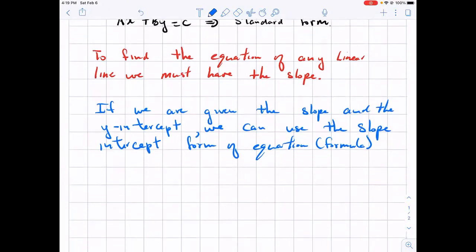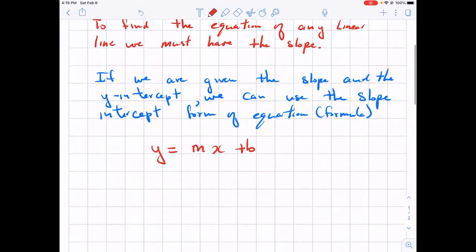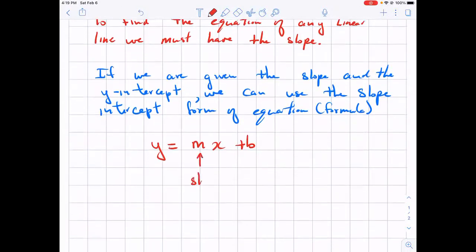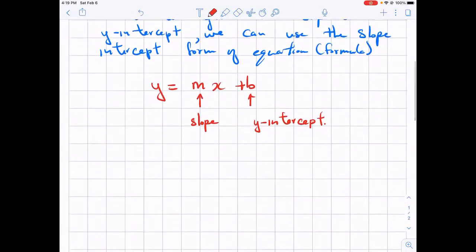We have seen that when we have y equals mx plus b, the m is what we call the slope, and b is what we call the y-intercept. So if you're given the slope and the y-intercept, all we have to do is replace those two items. We do not replace m and x in this equation, at least not right now.